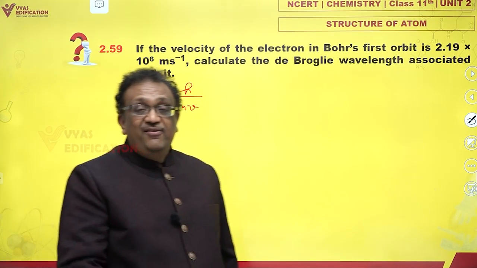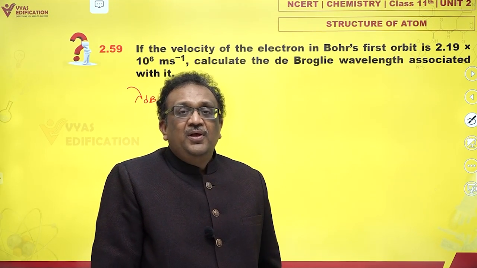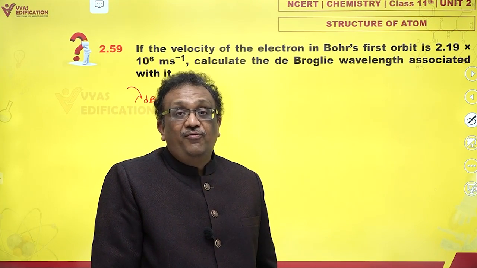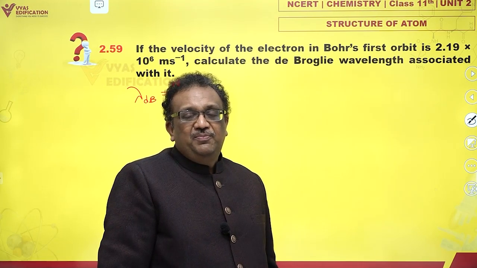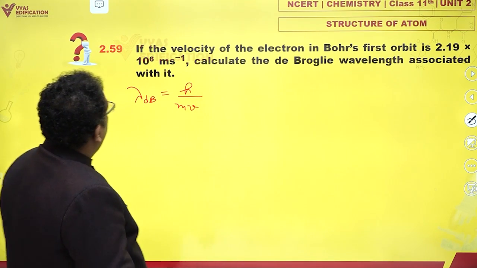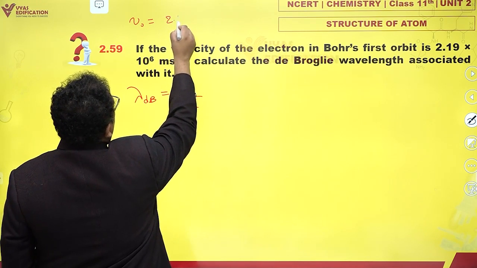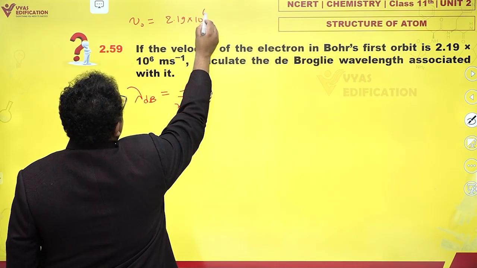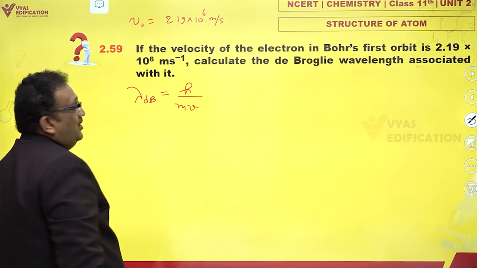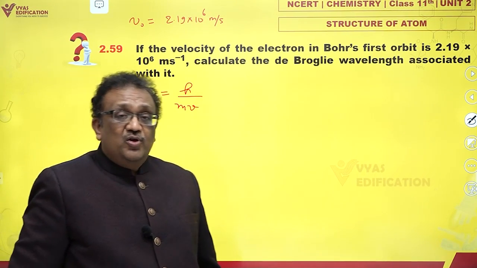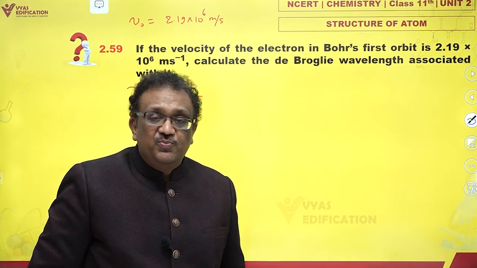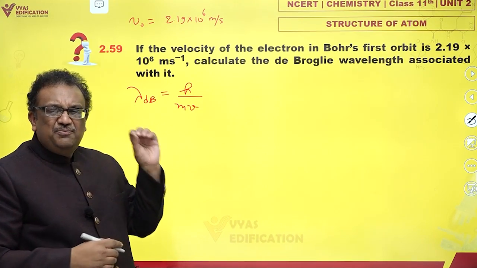And in case you remember, I have suggested a calculation for electrons. In case electron has a velocity v naught, which is 2.19 in this case into 10 raised to 6 meters per second, and usually electrons are given velocities as multiple of something into 10 raised to 6 meters per second, this calculation is best done like this.